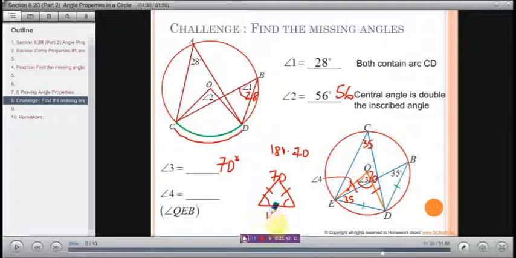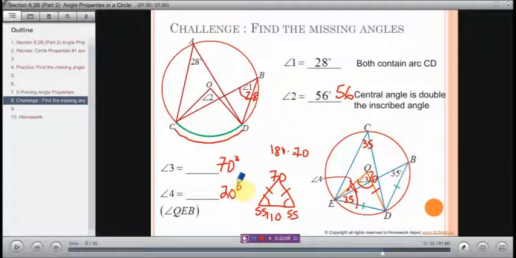Well, that 110 degrees has to be divided equally by these two angles. So that means this must be half of that, 55 degrees. And that's 55 degrees. Well, if we know that that entire thing is 55 degrees, and that's 35, can we figure out what that is? Yeah, it's just the difference. 55 minus 35 is 20 degrees.